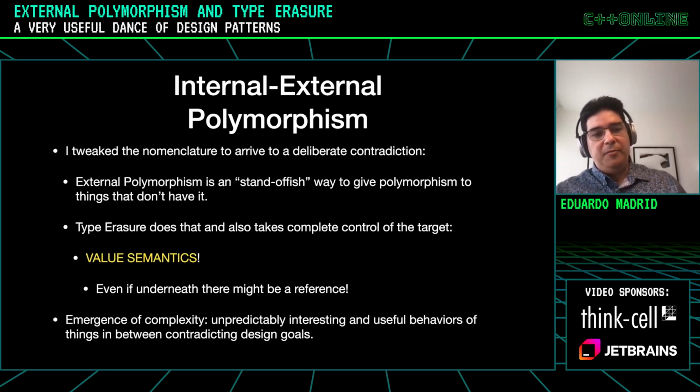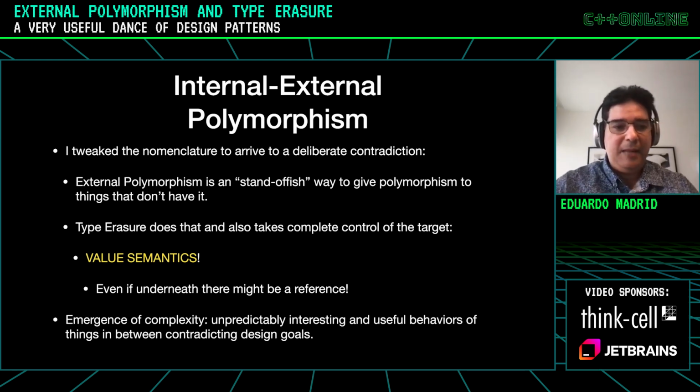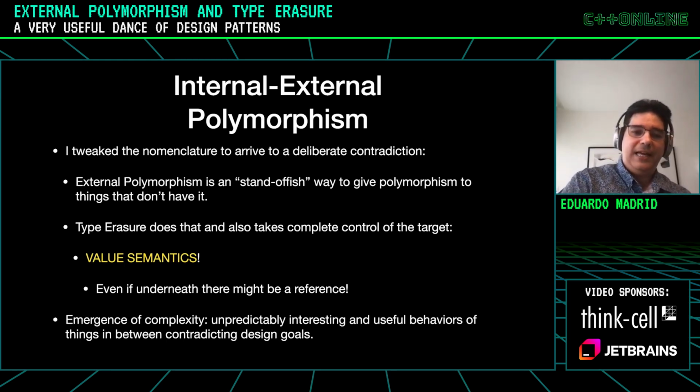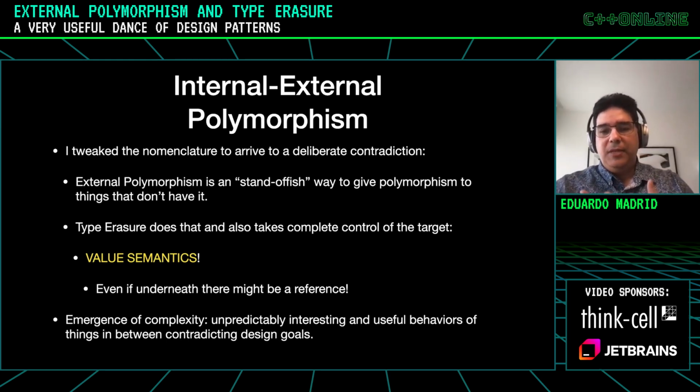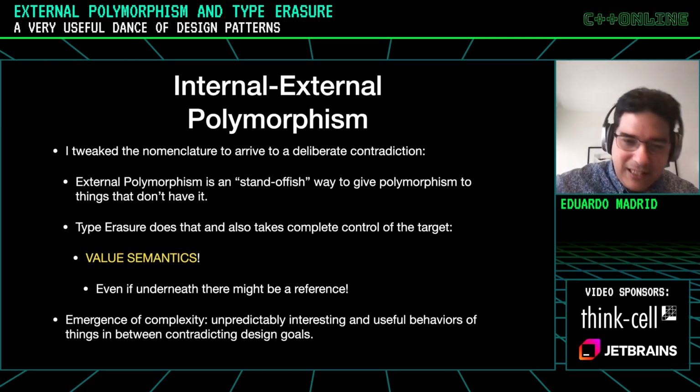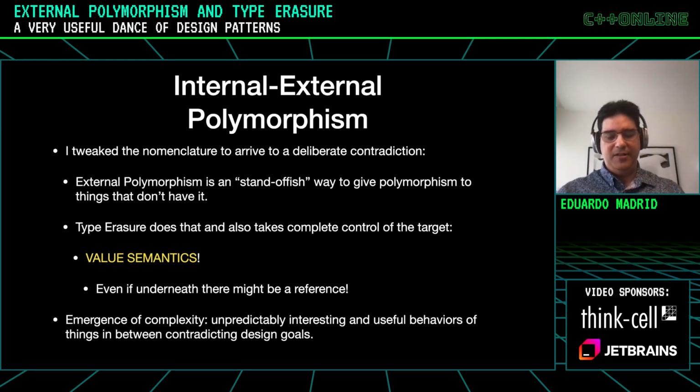External polymorphism is a standoffish way to give polymorphism to things that don't have it. Type erasure does that and also takes complete control of the target. By taking complete control of the target, it delivers on something that is absolutely wonderful, which is value semantics. And it gives us value semantics even if underneath there might be a reference.